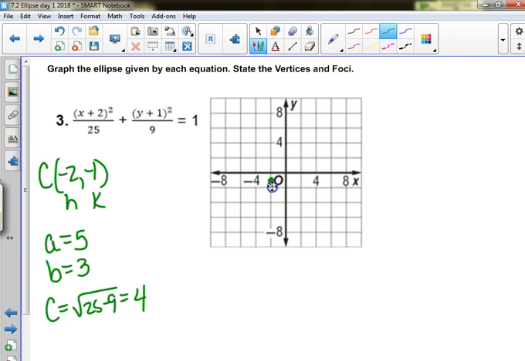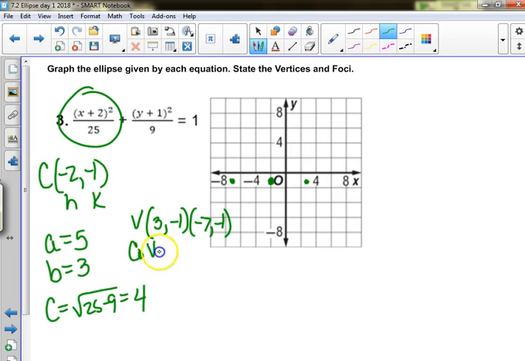Go 5 in x, so it's sideways. So those vertices are at 3, negative 1, and negative 7, negative 1, I think. And then the co-vertices, I'm adding 3 onto negative 1 up and down. So I get 3, 2, and 3, negative 4.